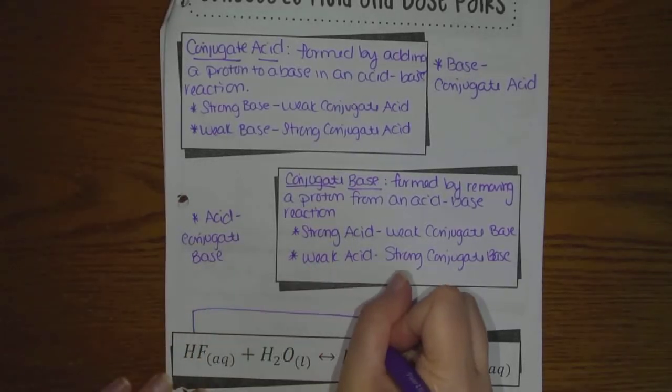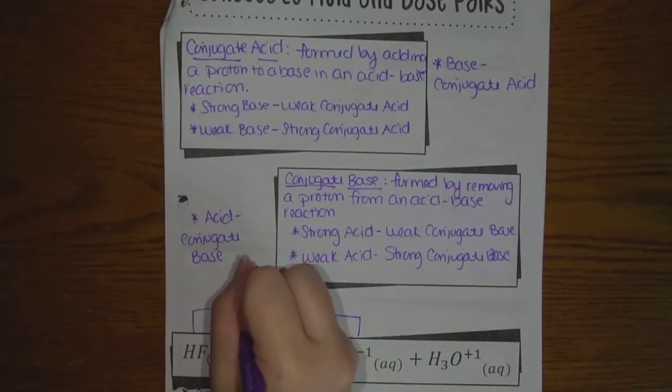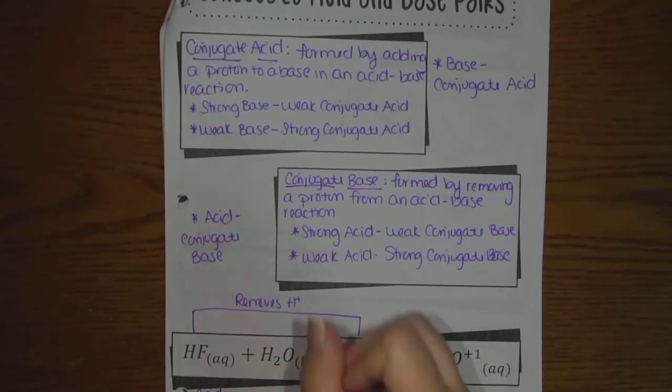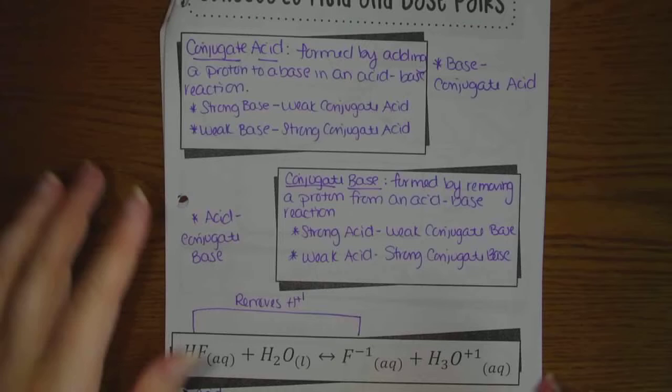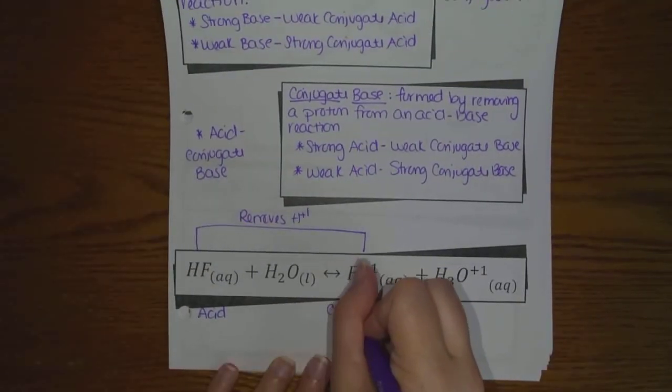Okay, so if we look here, we've got an acid, and we're removing a proton, or a hydrogen plus one ion. So therefore, we're going to have a conjugate base.